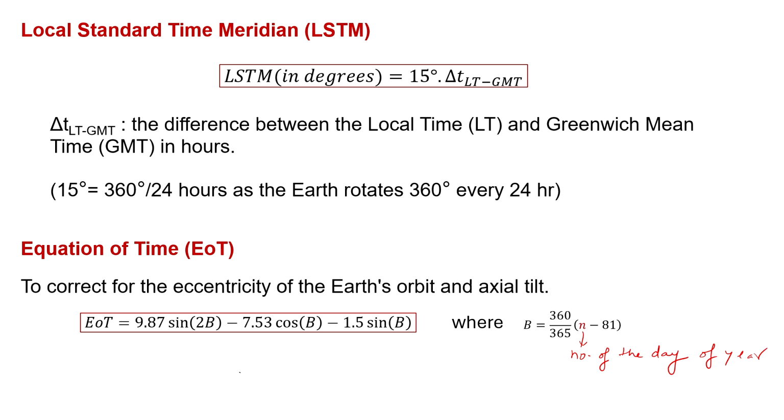If you plot EOT versus n, the number of days, it goes something like this. This kind of variation will occur as you calculate it. And remember, the LSTM we are calculating is always with respect to GMT, the Greenwich Mean Time.